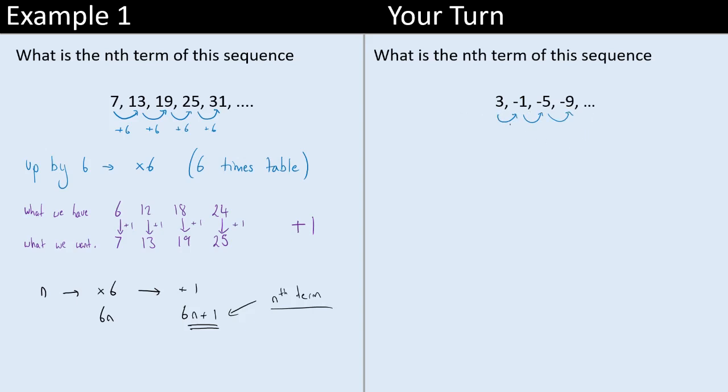It's going down the same amount each time. To get from 3 to -1, I have to take away 4. From -1 to -5, I have to take away 4. From -5 to -9, again, I take away 4. So by subtracting 4 each time, that's the same as doing our -4 times table.